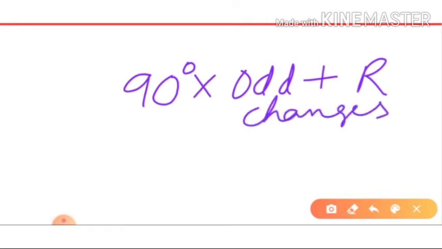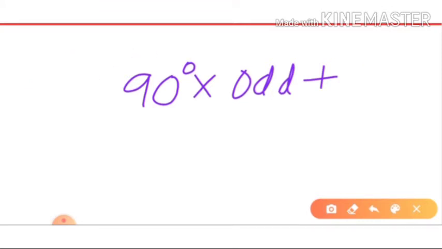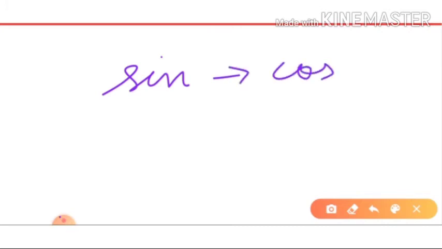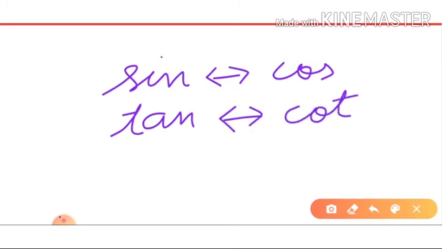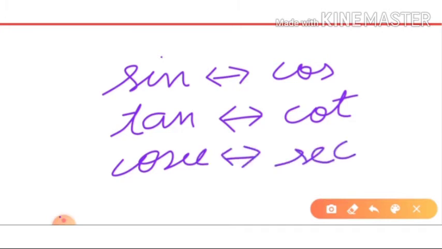We know the changes: sine changes to cos and cos changes to sine. Tan and cot are the same, and cosec and sec change to each other.